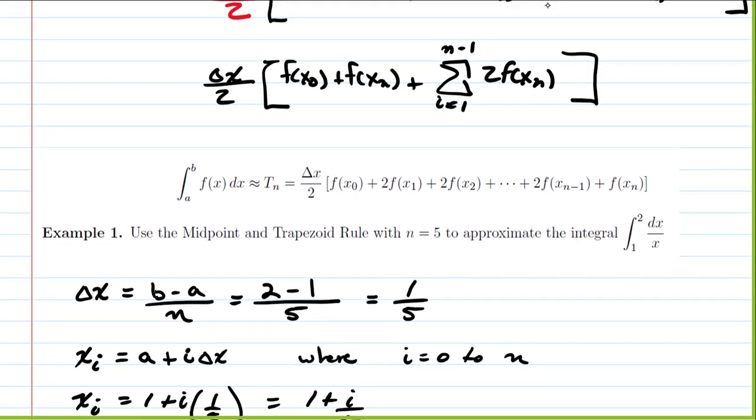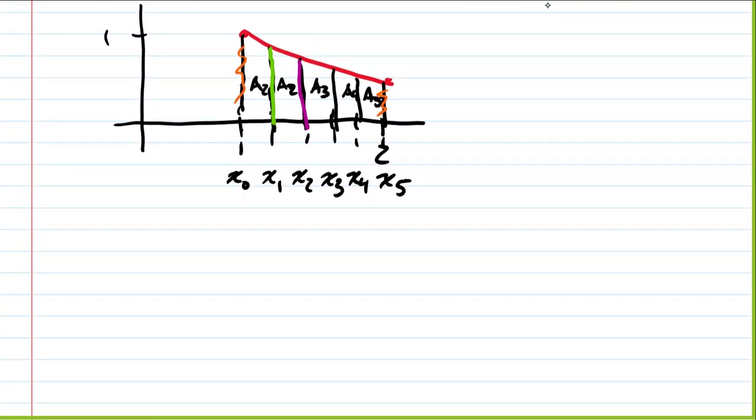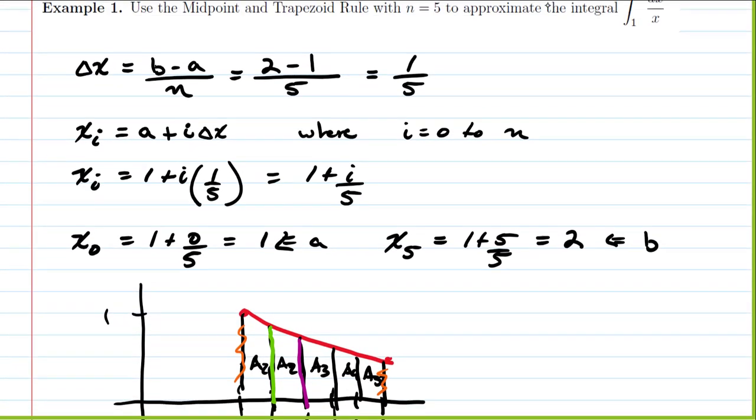Our formula says that the integral is approximately equal to T sub 5, and T sub 5 is equal to delta x divided by 2.